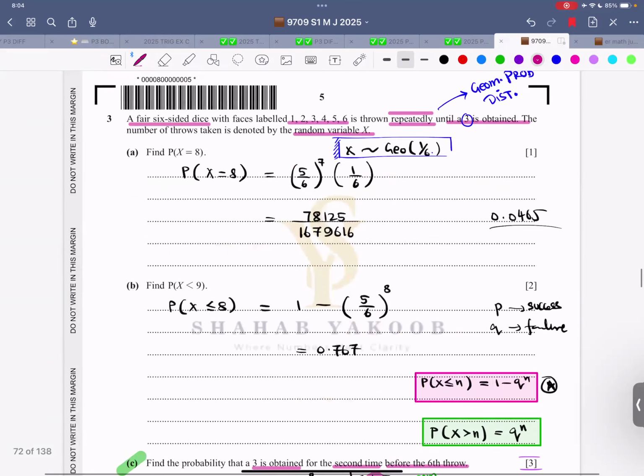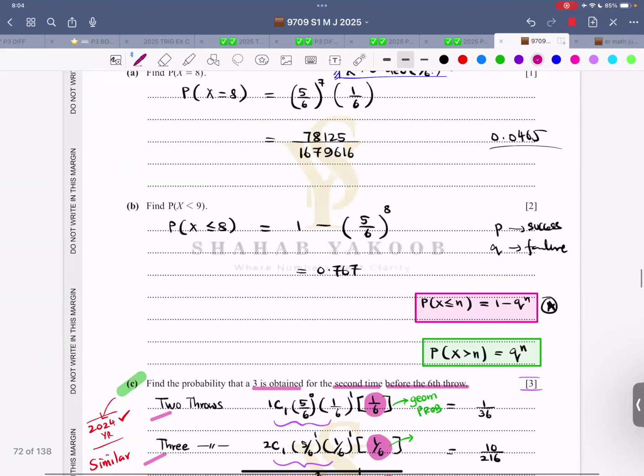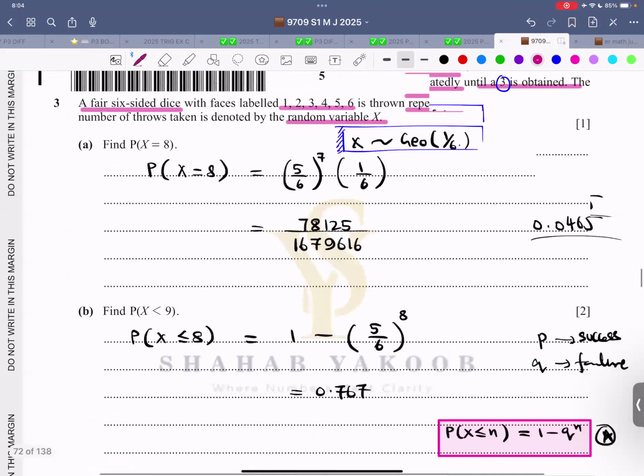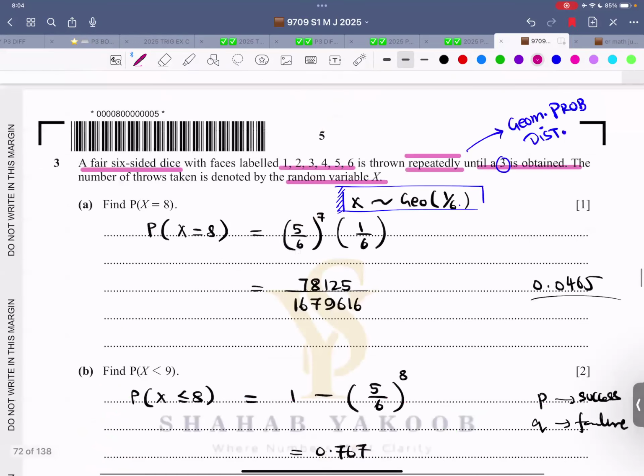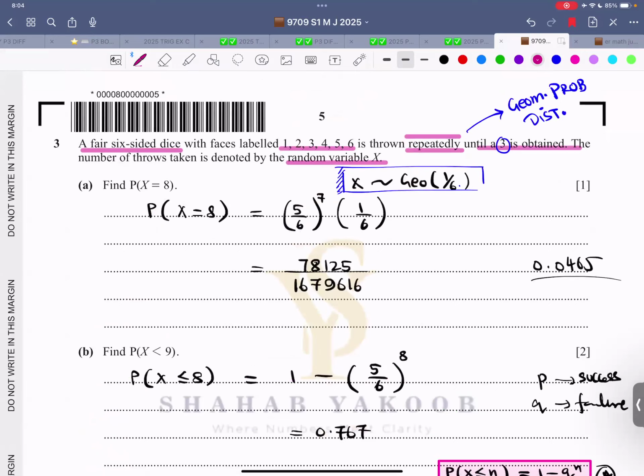This is also geometric. We did similar questions like this, but it makes sense, especially the third part. Now it says a fair six-sided die with faces labeled 1, 2, 3, 4, 5, 6 is thrown repeatedly until a 3 is obtained. Geometric probability distribution.